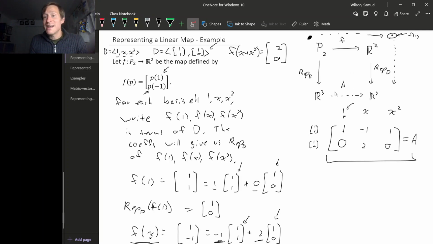So to see how the matrix A is supposed to affect a vector in R3, let's see what happens if we start with any polynomial and go right and then left. And then we'll compare that to going down and then right.